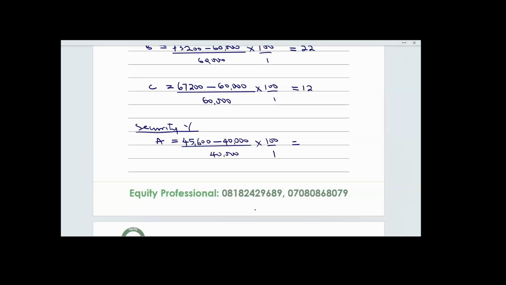That is 5,600 divided by 40,000. The percentage is 12.5%.